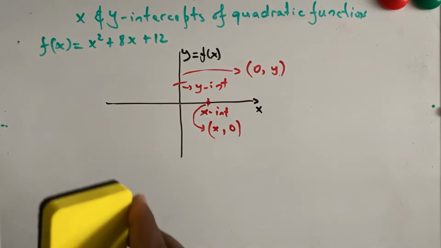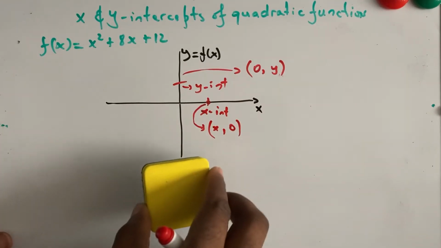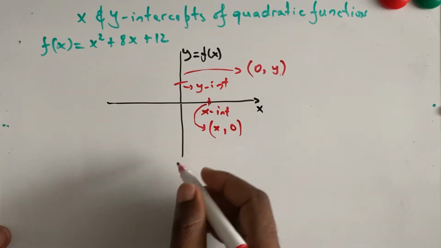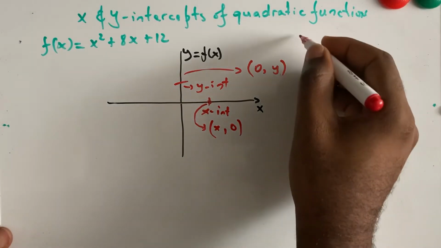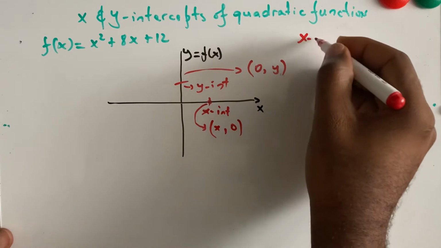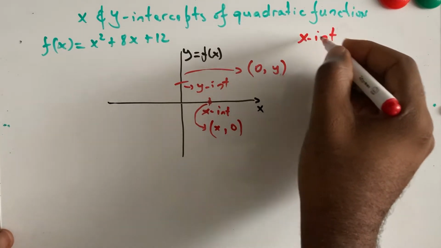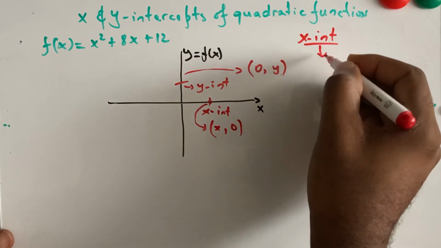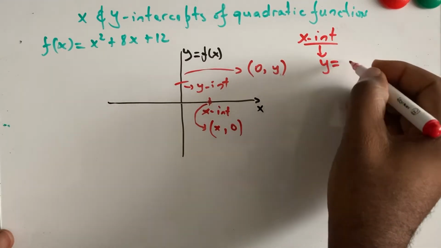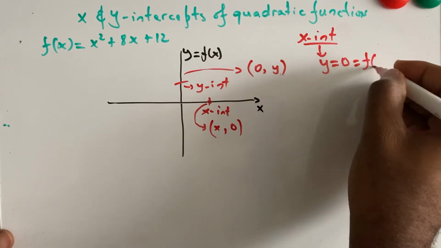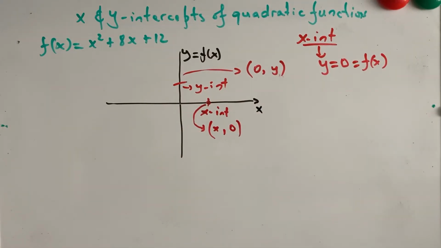So the key here is that whenever you need to find the x-intercept, the y value must be 0, and therefore f of x must be 0, okay? You have to set it to 0.